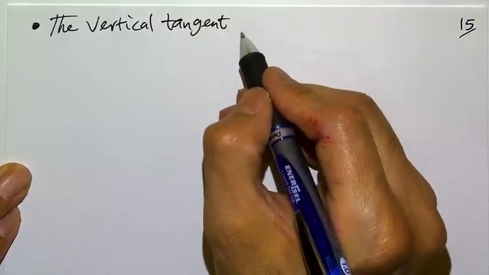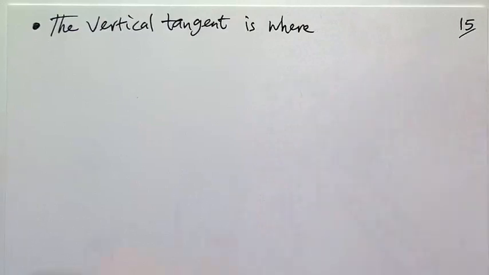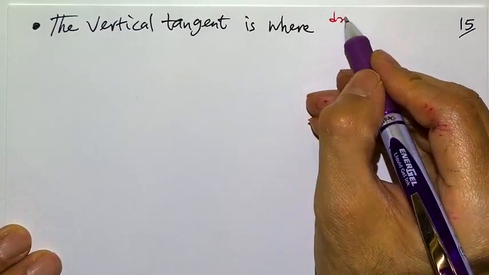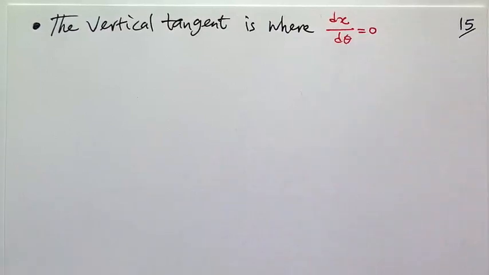So the vertical tangent is where dx d theta is equal to 0, right?